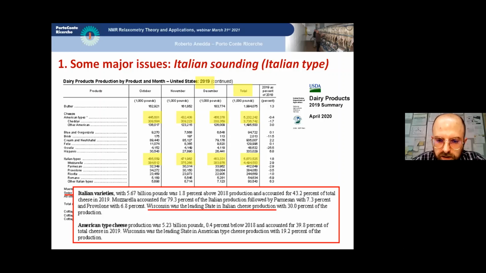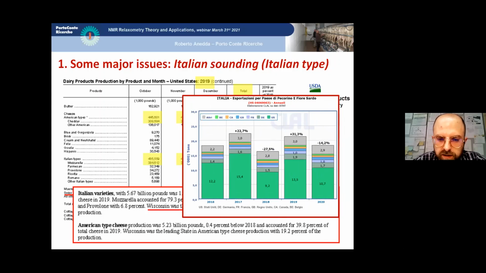Especially if we consider that a large share of the real Italian production of some traditional cheese varieties is mostly exported to USA. A typical example is our pecorino type of products, pecorino romano and fiorasado.